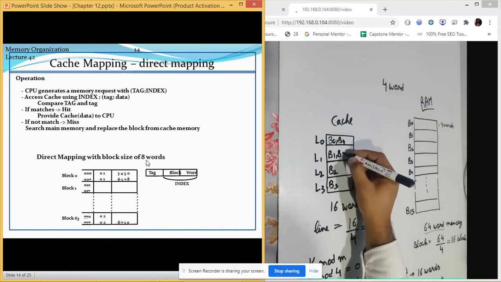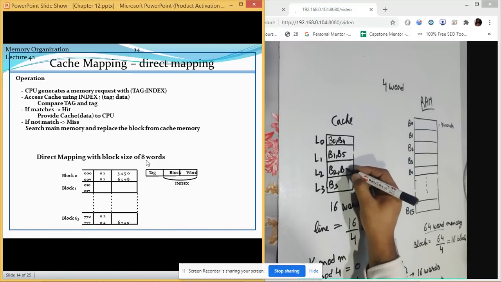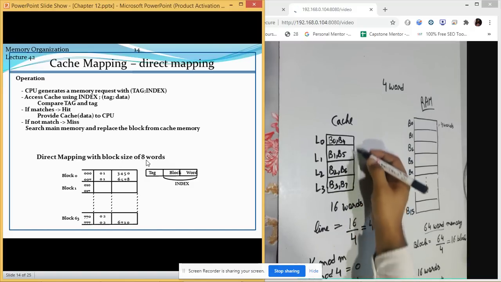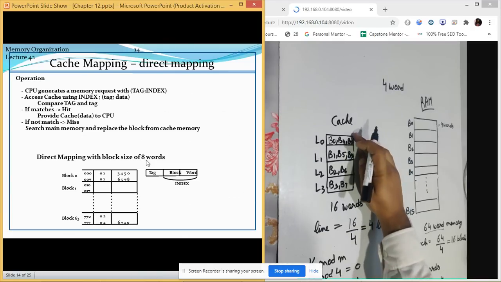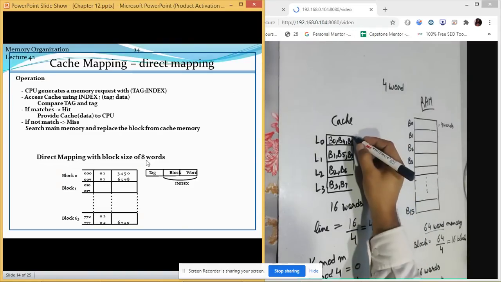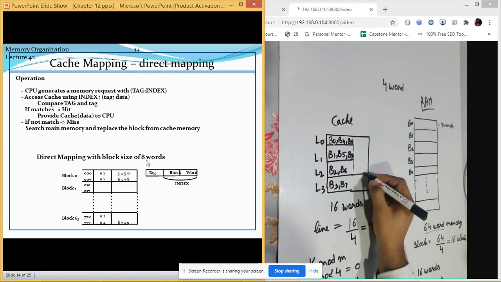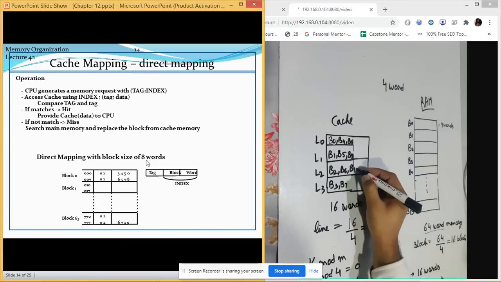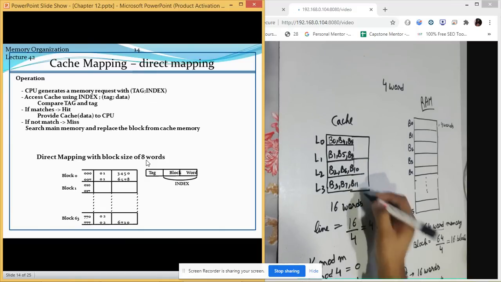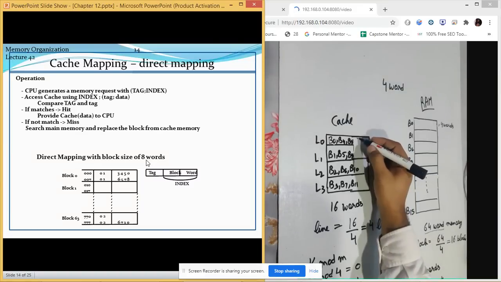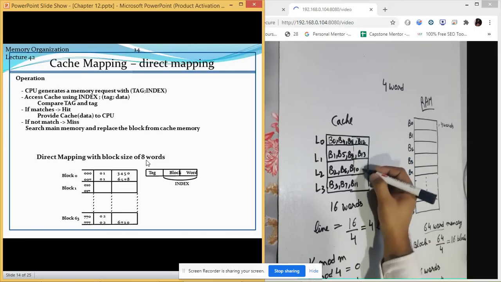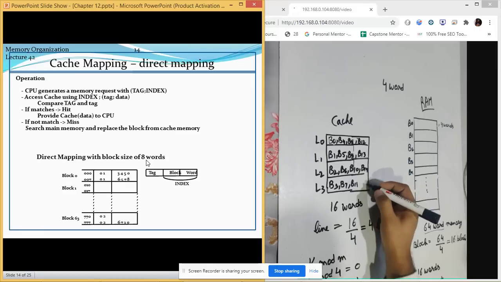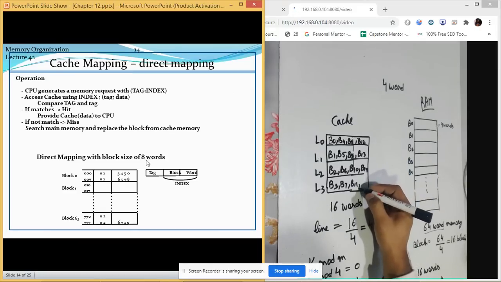Then B5, B6, B7, B8, B9, B10, B11, B12, B13, B14, and the last one is B15.